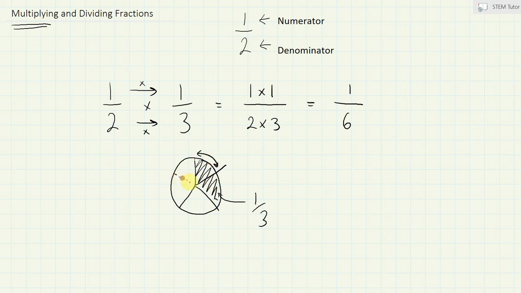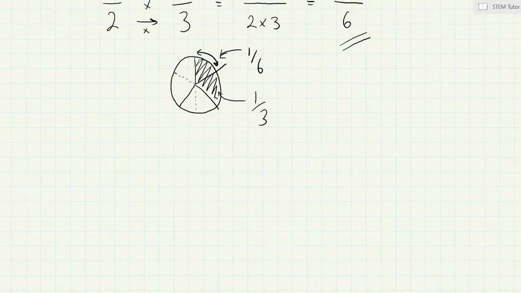If you were to divide all the other remaining segments into 2 pieces, so therefore dividing them by a half, you notice that you end up with 6 segments, and we've asked for 1 of that 6, which is the answer that we had. So with multiplying fractions, that is pretty much all there is to it.